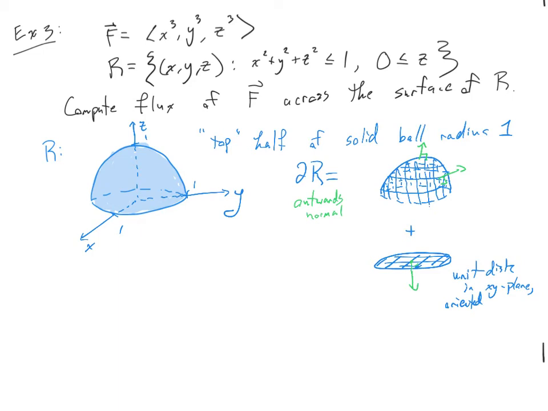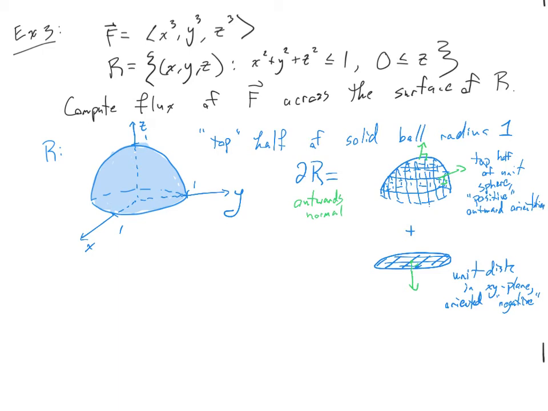And so you might say that orientation is the negative of the standard orientation. But this is the top half of the unit sphere with the standard positive outward orientation.